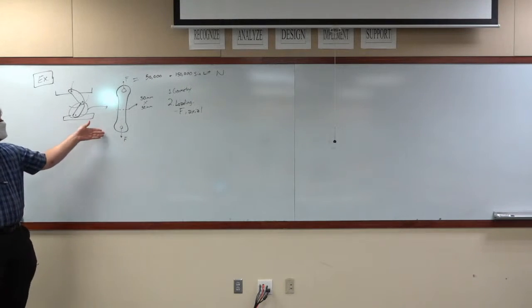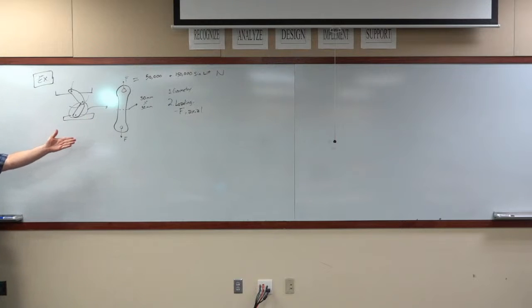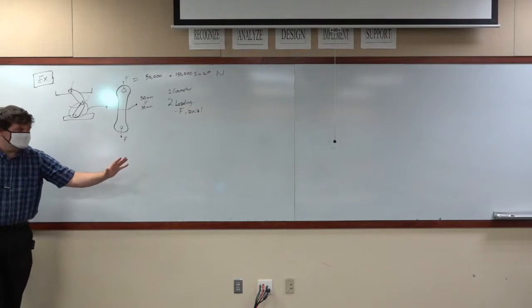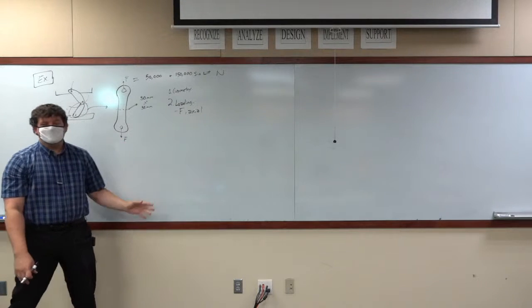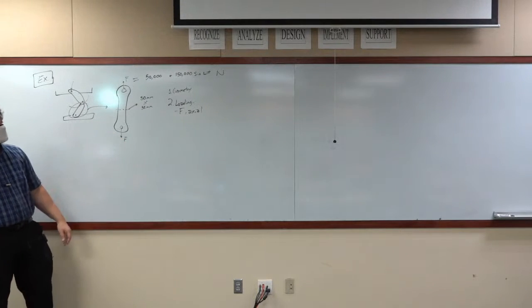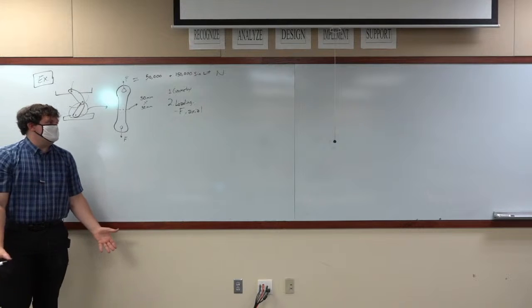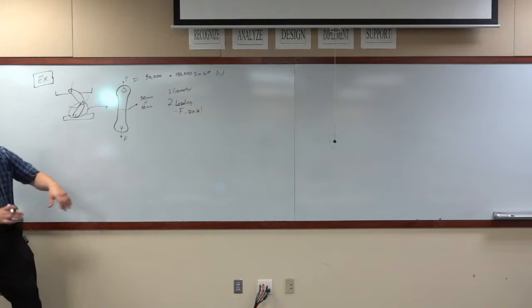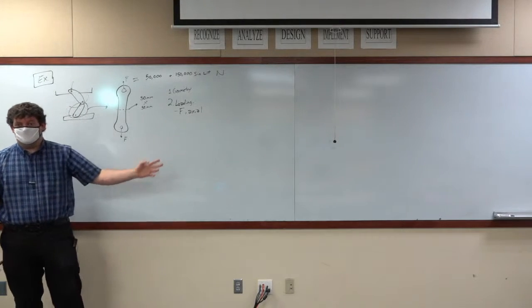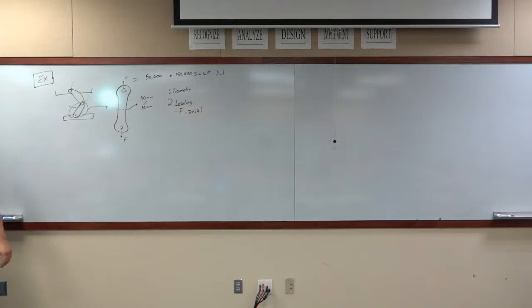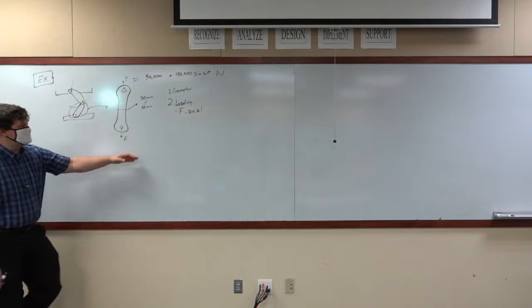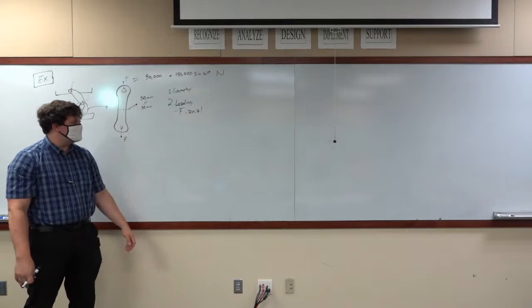This isn't touching anything else, so we don't have any boundary loads. We only have this applied load and then the load that counteracts it. That's it. And the only load that we have is axial. So that's nice. We've now listed out what all of our loading conditions are.